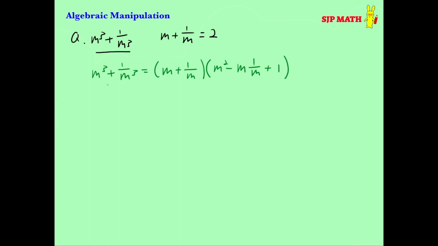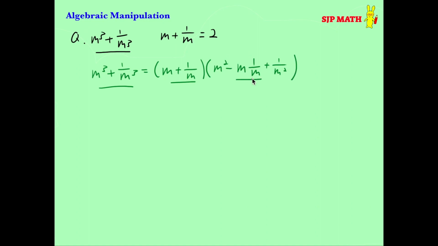We know we have to find this, and we know this, and this just becomes 1. But what about this? Oh, wait a second. That is not 1. That is 1 over m squared. Yeah. So this is just 1.